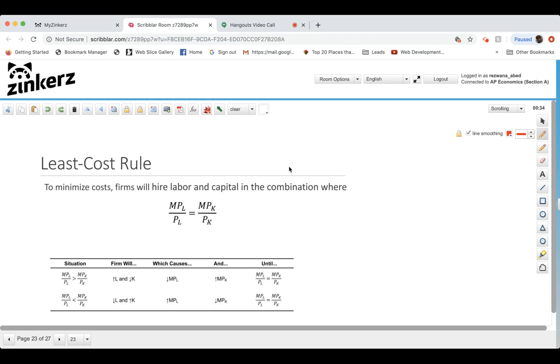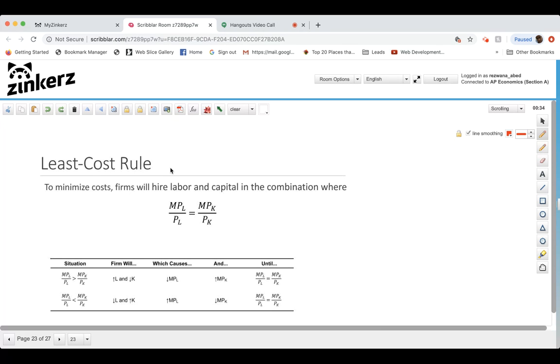Okay, so the next thing that we are going to discuss is something called the least cost rule. Firms' goal is to maximize profit, and we know that they can maximize profits by either increasing revenue or decreasing cost, or both.